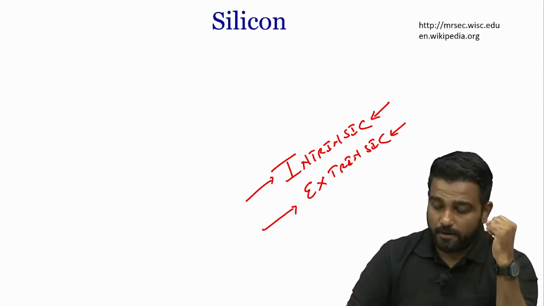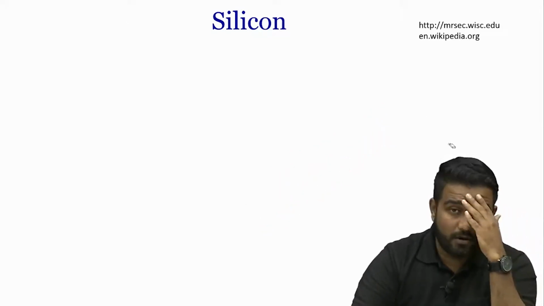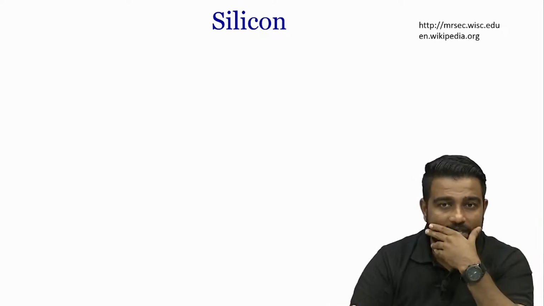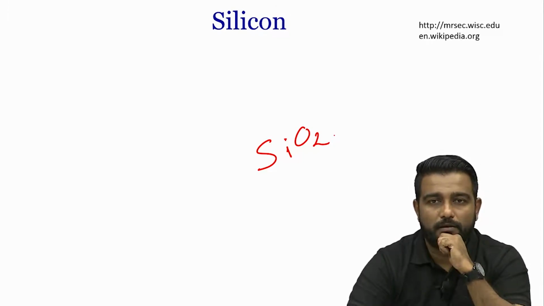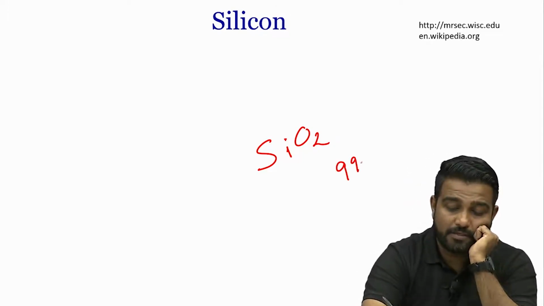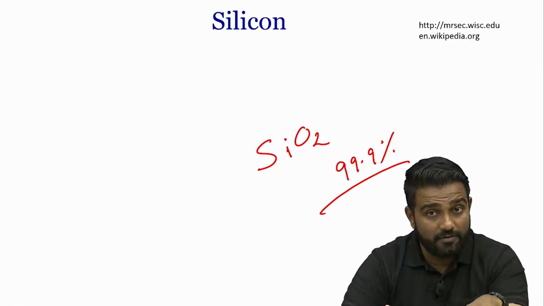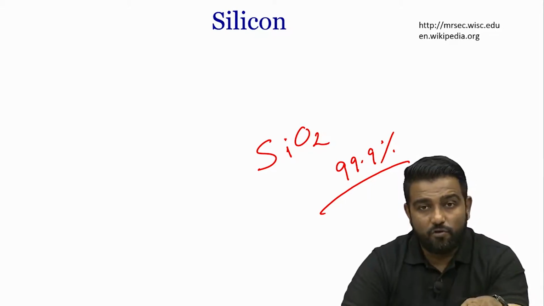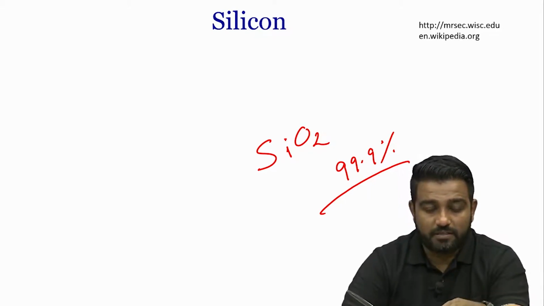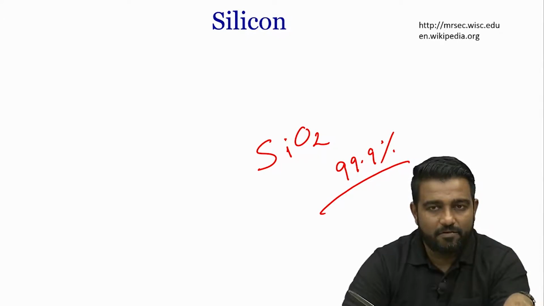Alright. When you talk about silicon, how is silicon made? Silicon is made using sand. And what is sand? Sand is nothing but silicon dioxide, SiO2. 99.9% pure sand is used, and there are two processes, again within the prerequisites: one is the Czochralski technique and one is the float zone technique, through which the silicon dioxide is processed and we have a silicon wafer to work on.